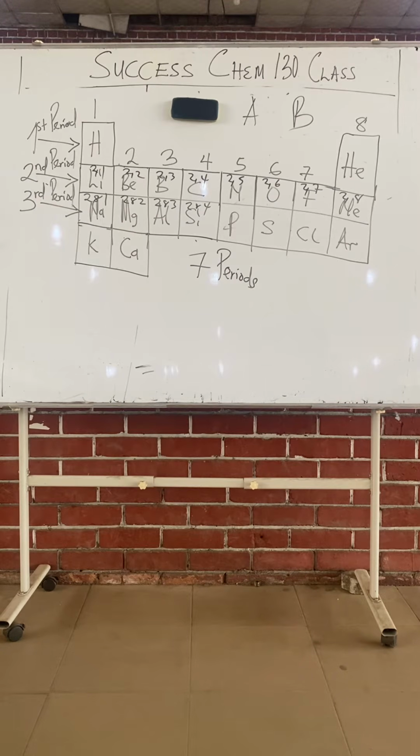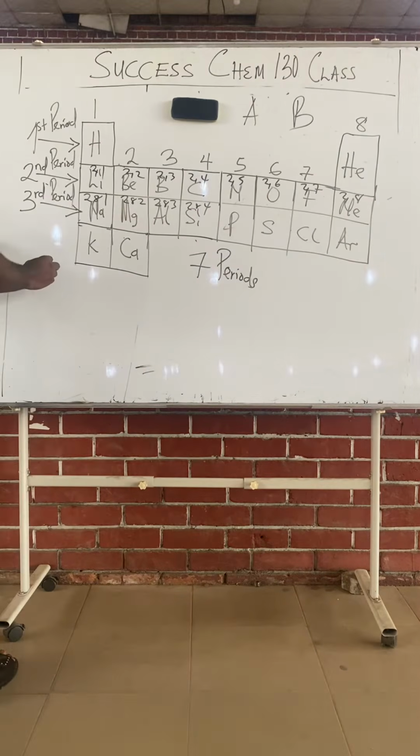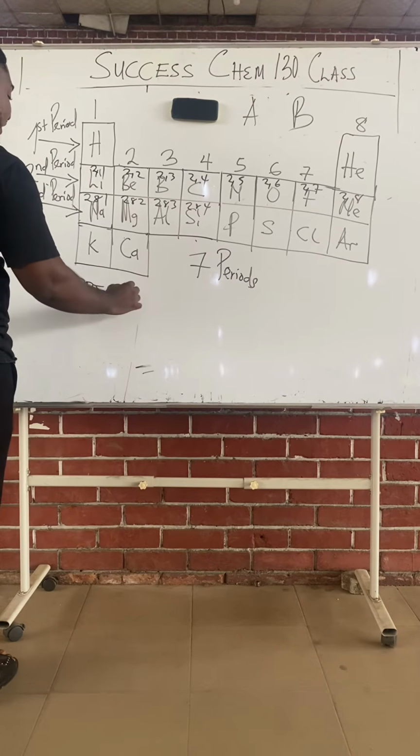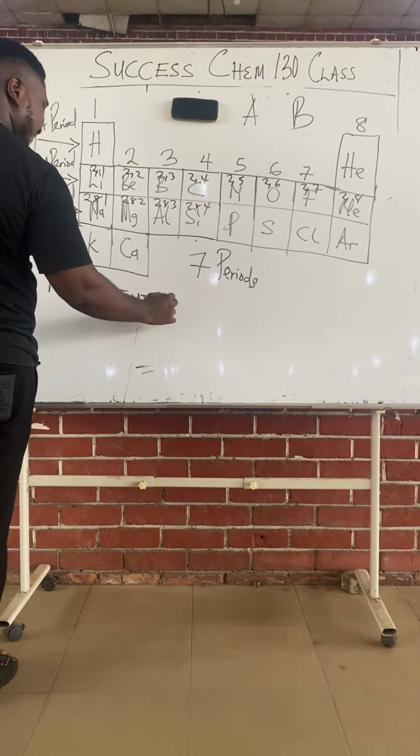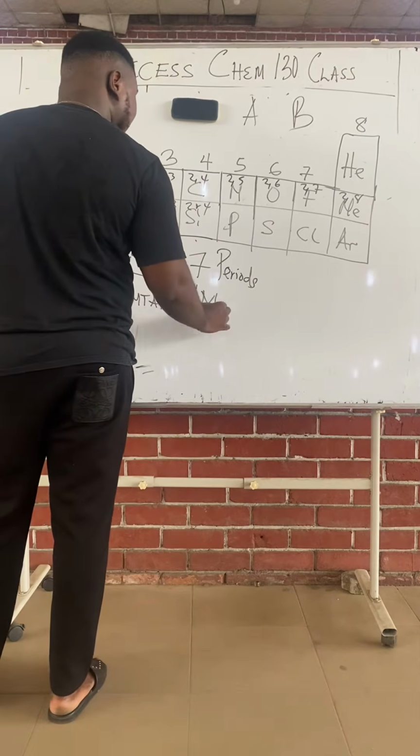Class, elements in subgroup A are called representative elements or the main group elements. They are called representative what? Or the main group elements.